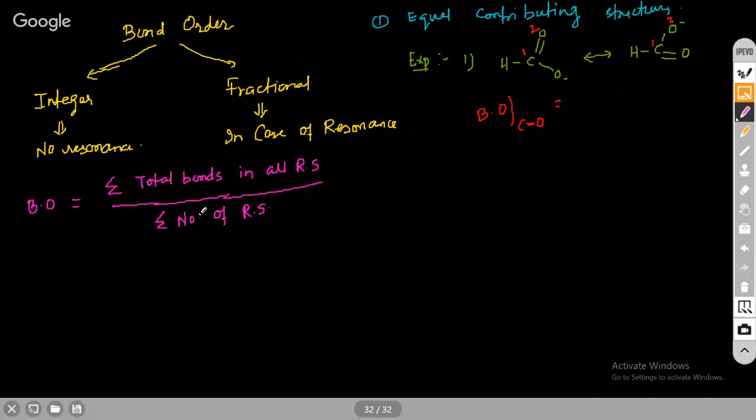Simply you can write it as the total number of resonating structures. Have you seen this formula? Yes or no?